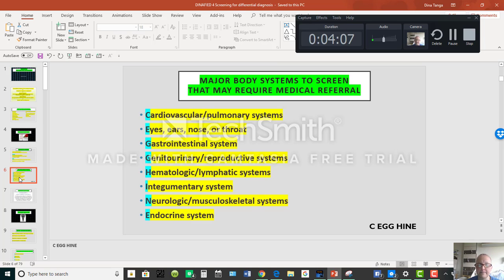Major body systems to screen that may require medical referral: cardiovascular pulmonary systems, eyes, ears, nose, and throat, gastrointestinal system, genitourinary reproductive systems, hematologic lymphatic systems, integumentary systems, neurologic musculoskeletal systems, and the endocrine system.